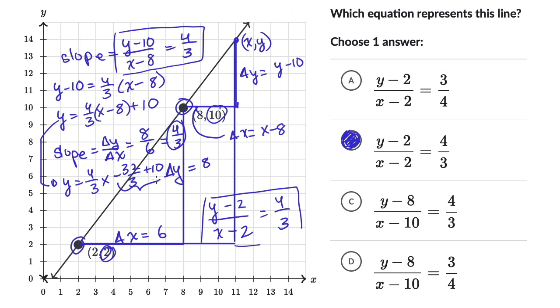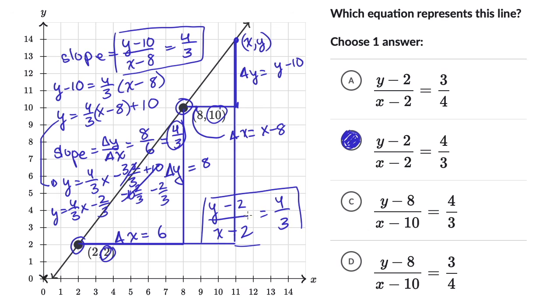Negative 32 over 3 is negative 10 and 2/3. So if I add 10 to that, I'm just left with negative 2/3. So all of this simplifies to y is equal to 4/3 x minus 2/3.